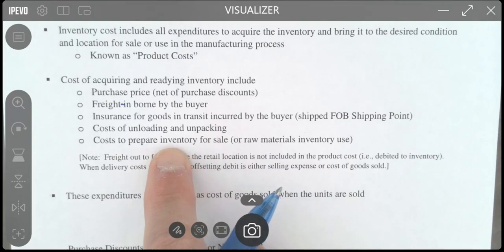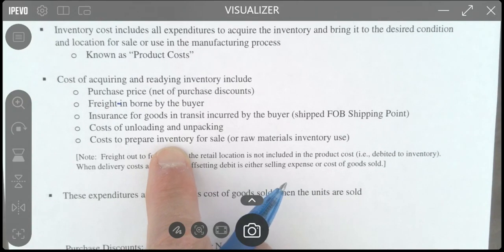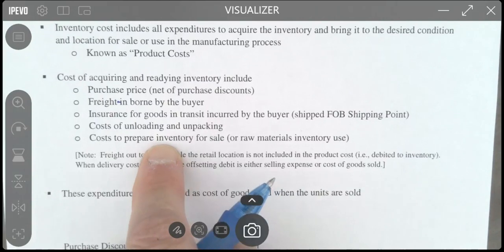Let me give you an example of this. Let's say we have a soccer ball for sale, and the university that's buying it wants their university logo on it, and we agree to put the logo on there.